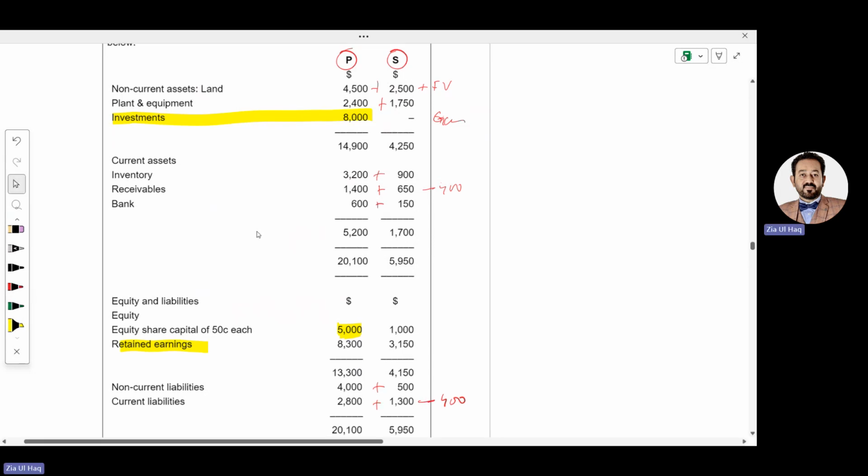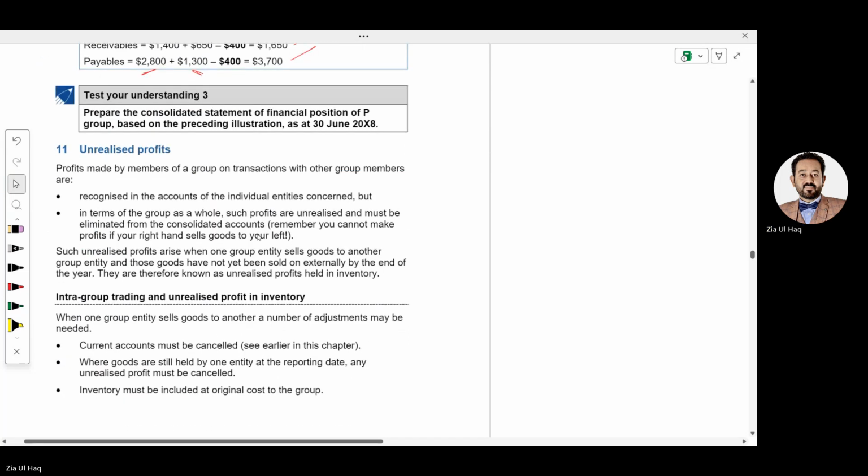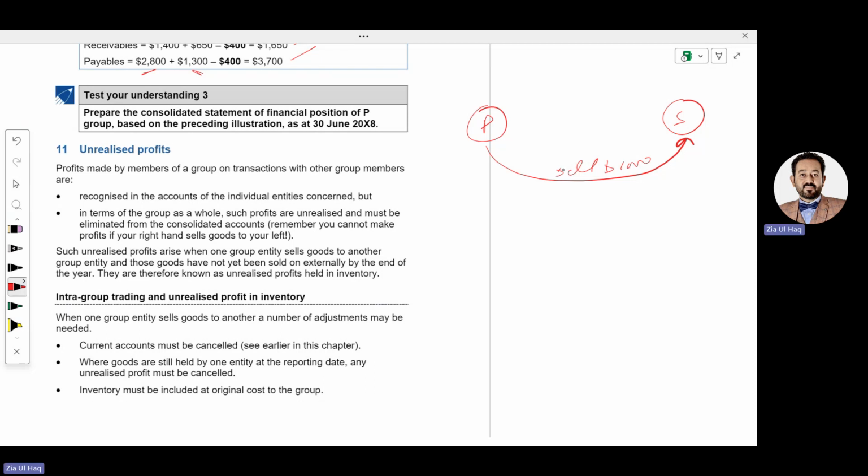Now moving forward, one more concept relating to intergroup transactions. So this is the parent company and this is the subsidiary. Suppose the parent company sold goods of $1,000 to the subsidiary. Normally, when we sell goods, we record the sale at the sale price.